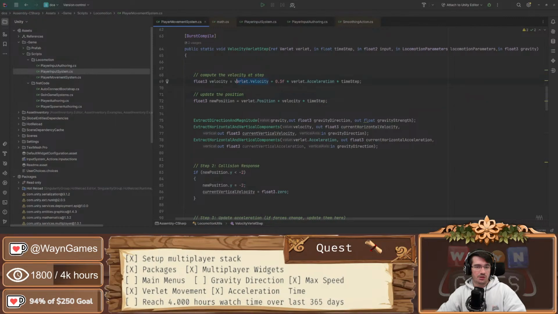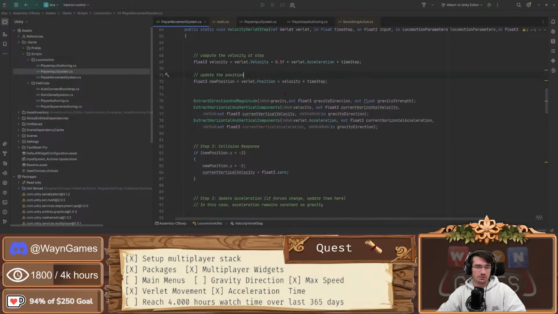So this was my velocity last time plus half my acceleration. Okay, so that should work. That works.